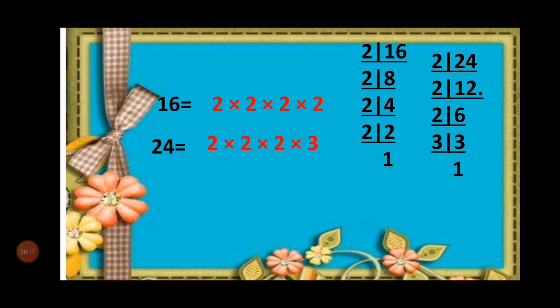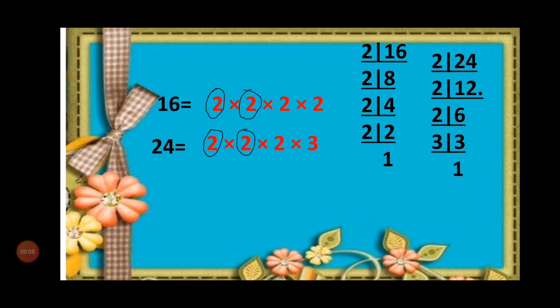Now we are going to find the HCF. HCF means we want to compare both factors, and the common factors we want to circle. So how many 2's are here? 4 2's are there here, and in 24, 3 2's are there. So we are having 3 times 2's common, and we are going to circle that. First 2 is common, I circled. Second 2 is common, also in 24.